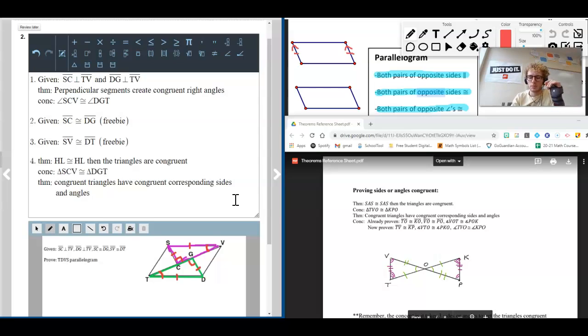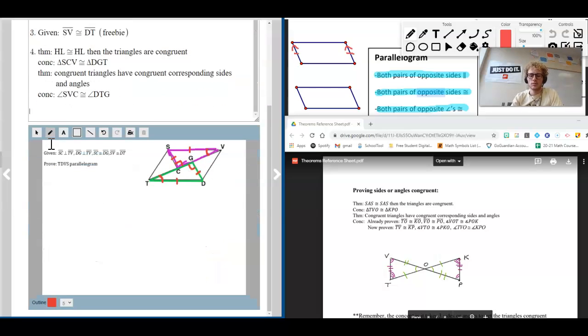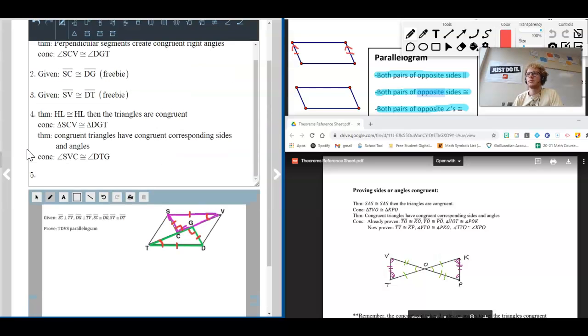You're going to prove the triangles congruent, and then you're going to say that the pieces are congruent in order to get these to be parallelograms. So our conclusion is that angle SVC is congruent to angle DTG. Cool.